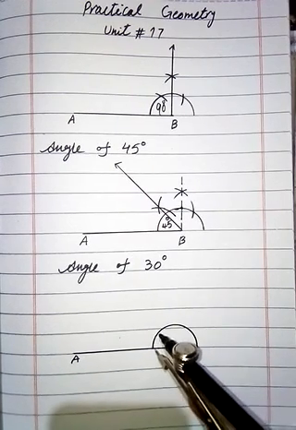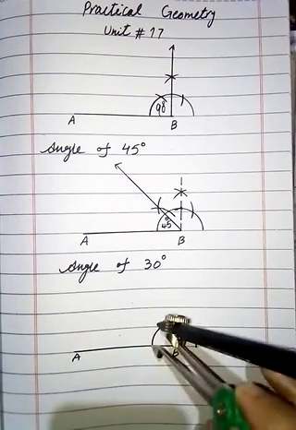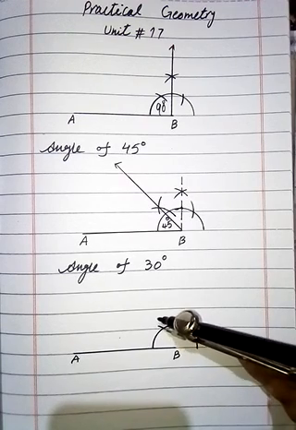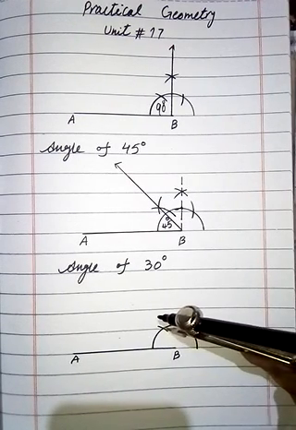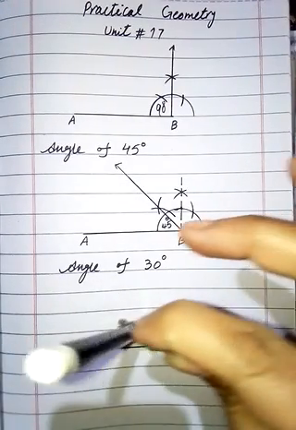Now put compass at 0 degree. Now draw the first arc. First arc equals to 60 degree. Now this is the angle of 60 degree and this is the 0 degree. Now you have to put compass at 60 degree and draw the first arc like this.